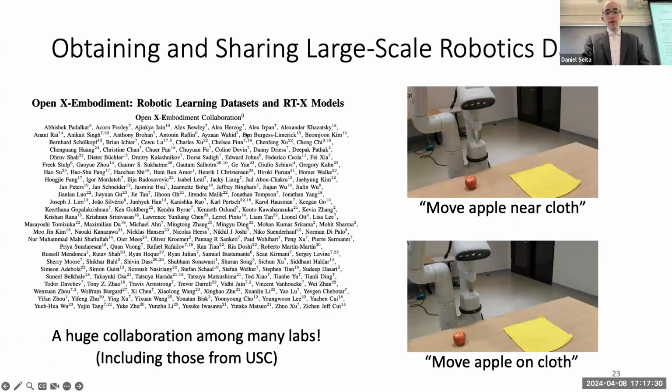And I think we also talked about this earlier. There's a trend in the robotics research community about trying to obtain and share larger-scale robotics data. Instead of having robotics researchers collect a little bit of data for their specific paper or project, write a paper on it, and throw away the data, here they're trying to have massive large-scale data collection among many different labs.